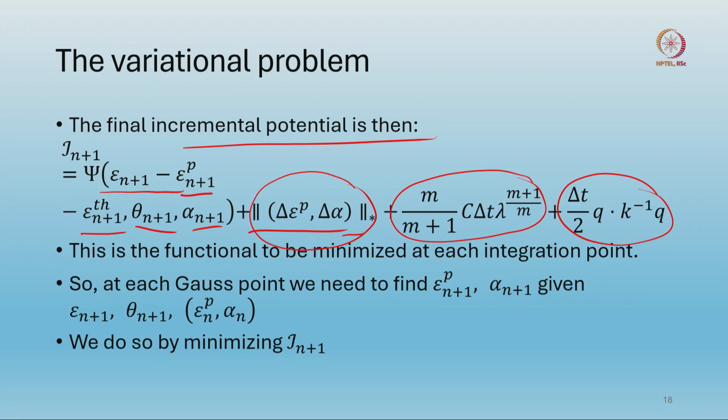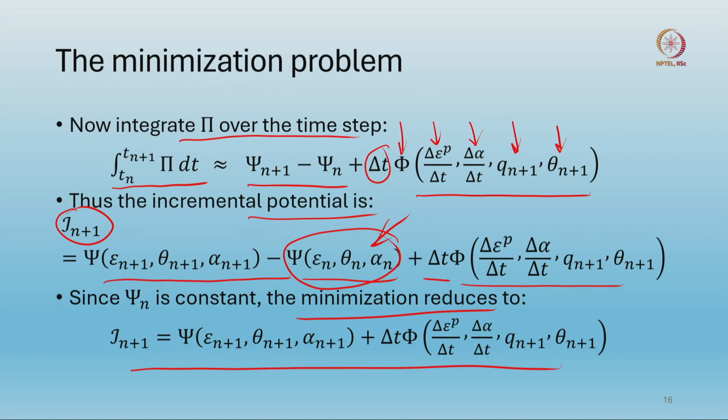So this is the incremental rate functional, the incremental potential, to be minimized at each integration. If you recall, we actually do it in 2 steps. One is the integration over the entire body, which is called the structural update.